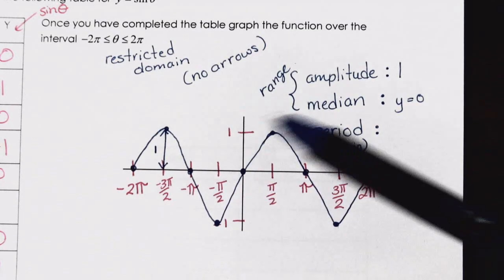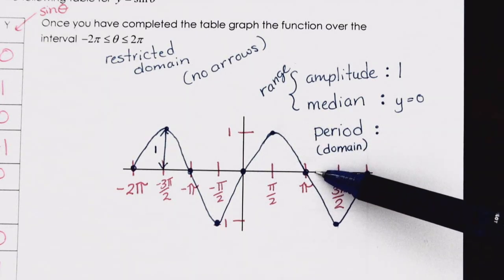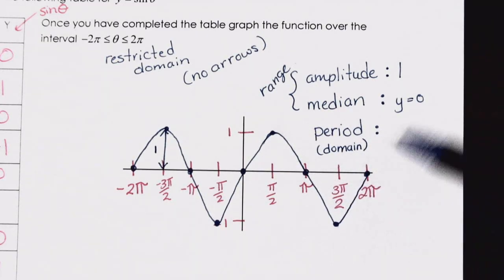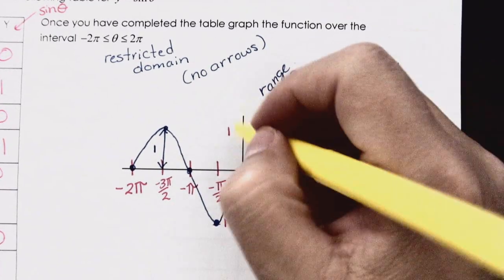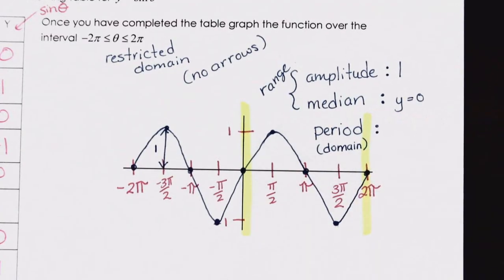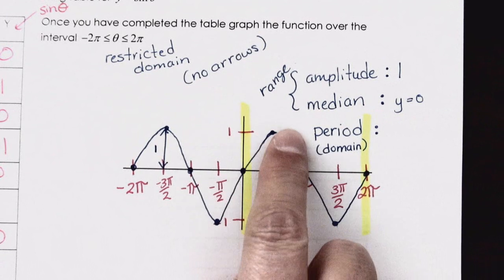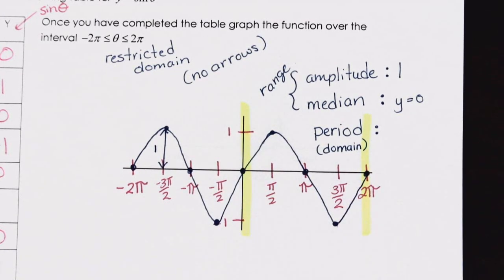What does it show us? It shows us the top part of the graph, but it doesn't show us the lower part of the graph. So from here, let me get a highlighter. From here to here would be my period, because this shows I've hit a maximum, and then a minimum, and I'm back to my starting point of 0.